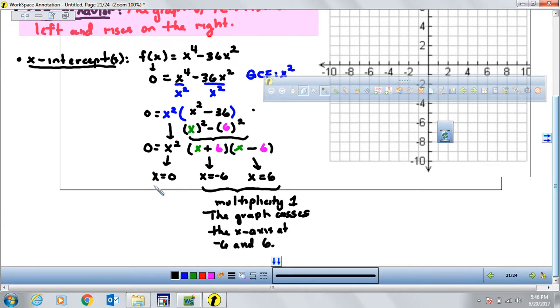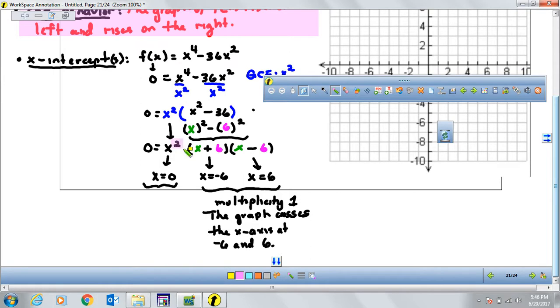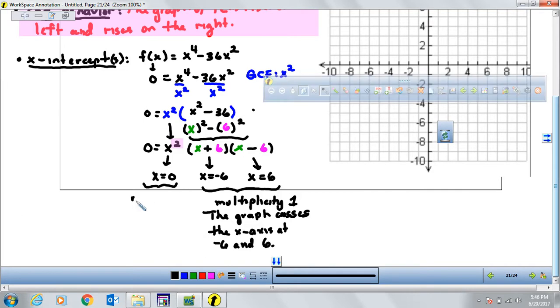Now, if we look at this zero, x equals 0, that one has a multiplicity of 2 because you see that x appears 2 times in the equation. It is x squared, right? It's the same thing as saying x equals 0 and x equals 0, 2 times. So that means that this one has a multiplicity of 2. When a zero has a multiplicity of 2, that's an even multiplicity.